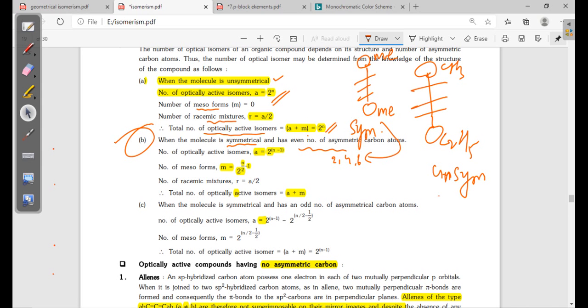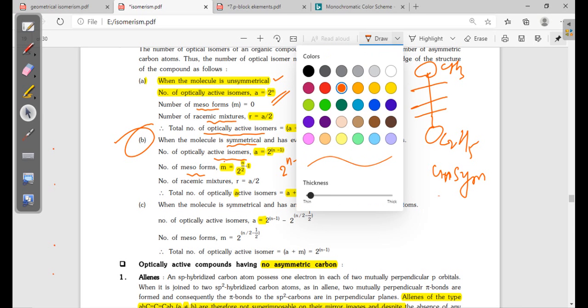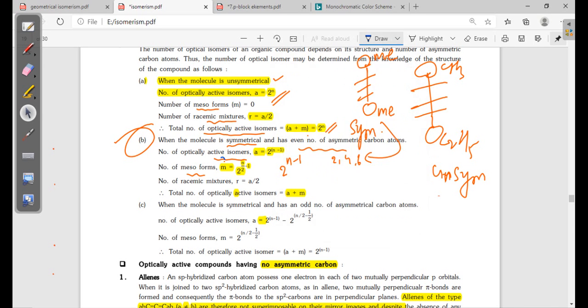Then the number of optical isomers: the formula is 2 to the power of n minus 1 for active. For meso isomers, 2 to the power of n by 2 minus 1. For meso forms, n by 2 minus 1.